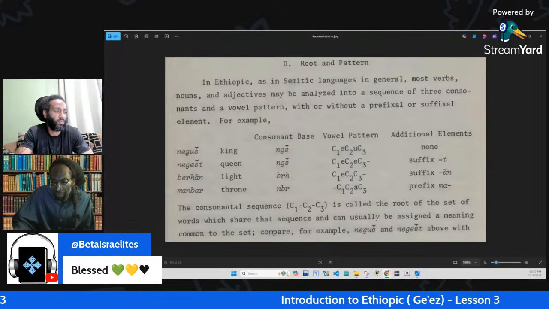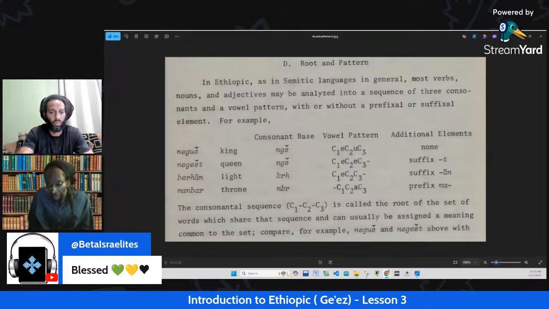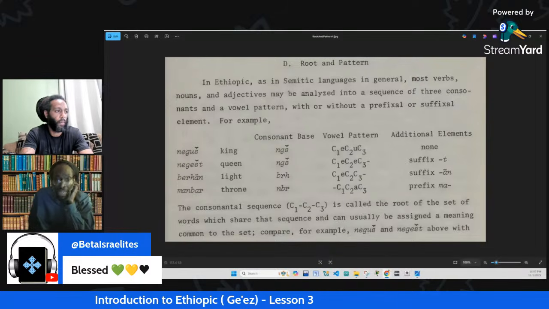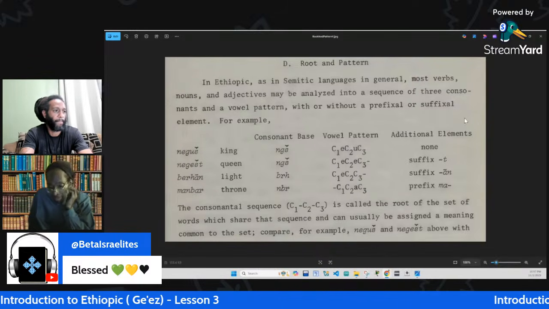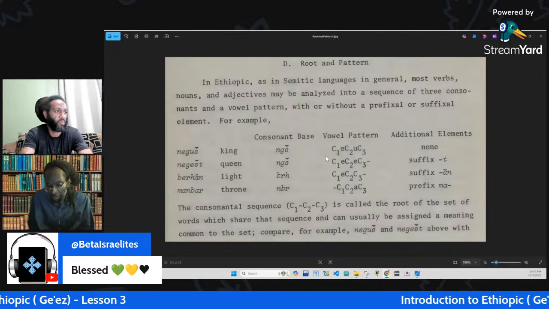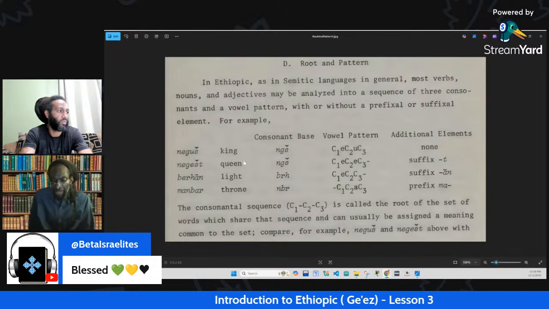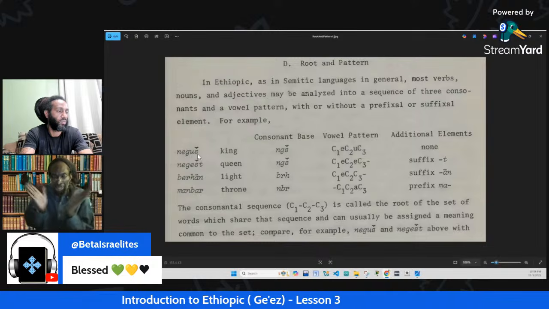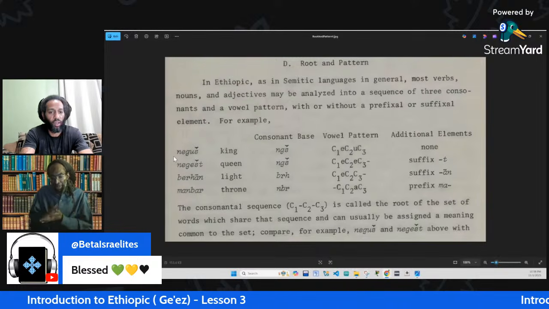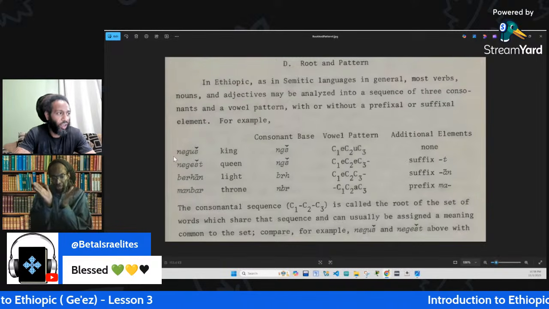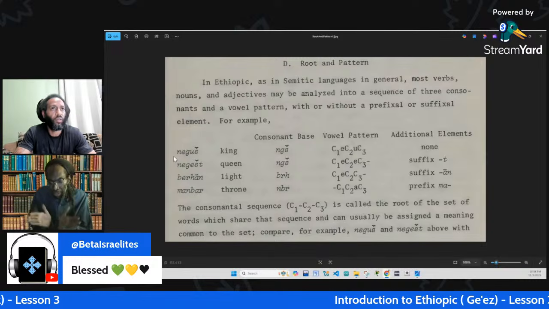And let's go down here, to the consonant base. So if we can lift it up right there, the consonant base, where we have the words. So you see the Negus, and over the S is like a bird. I forgot the exact technical name of that particular diacritical mark.